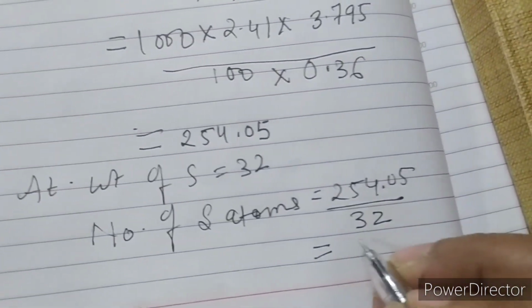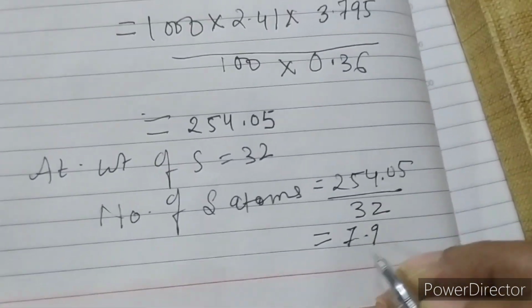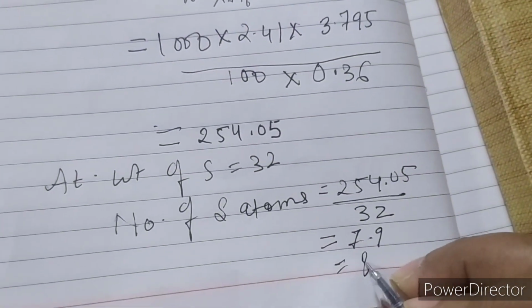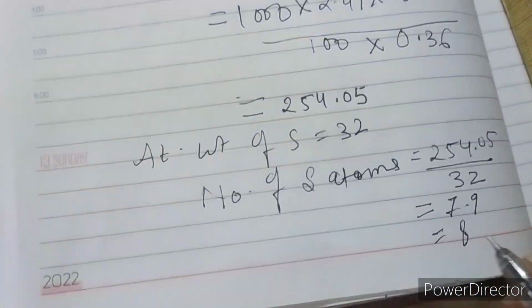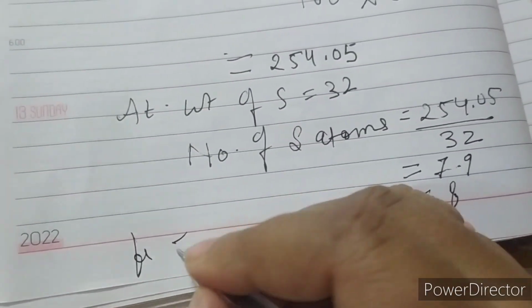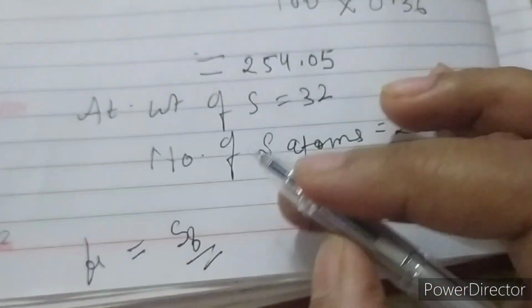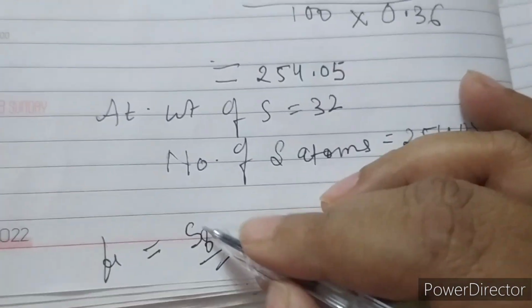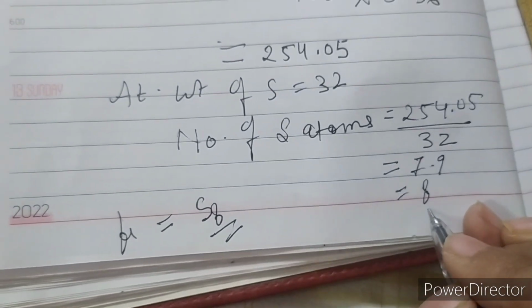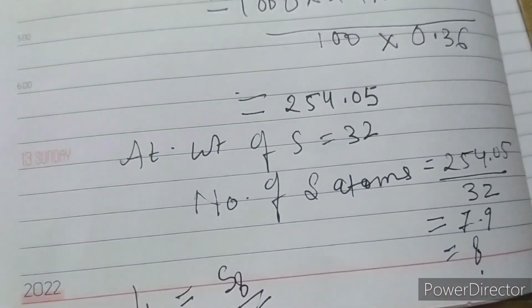You will get approximately 7.9, so we will assume it as 8. So what will be the formula of the sulfur molecule? The formula will be S8. So this is the answer. The formula of the sulfur molecule will be S8 because 8 atoms are combined together in a molecule.